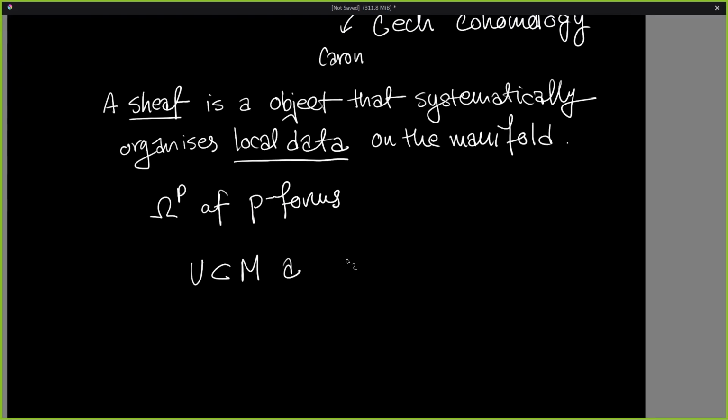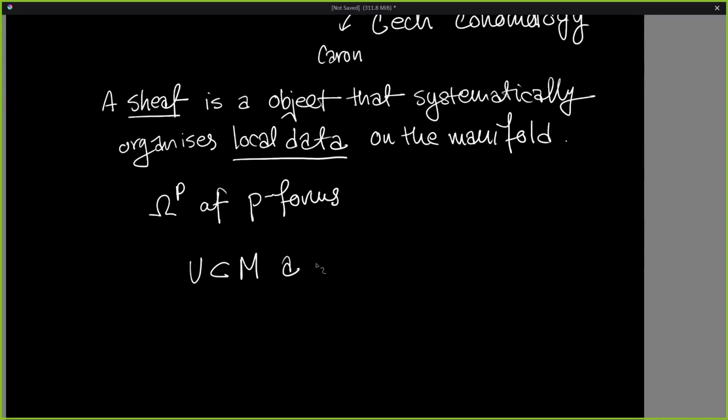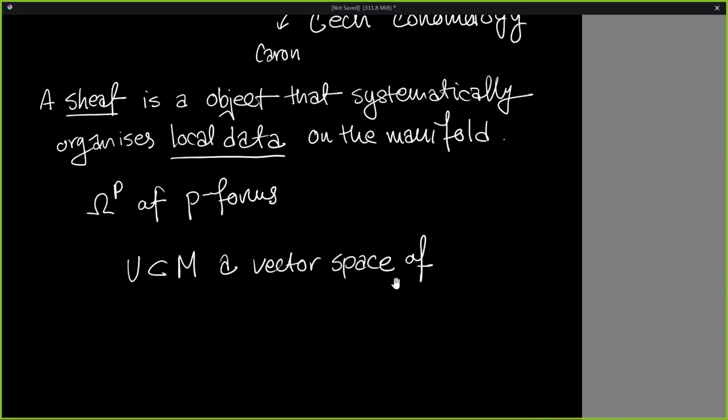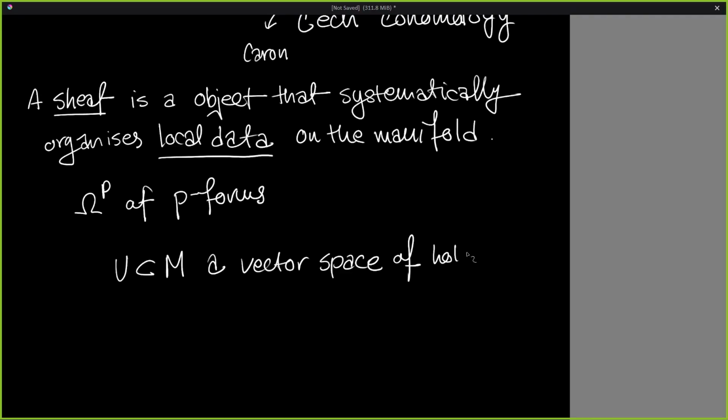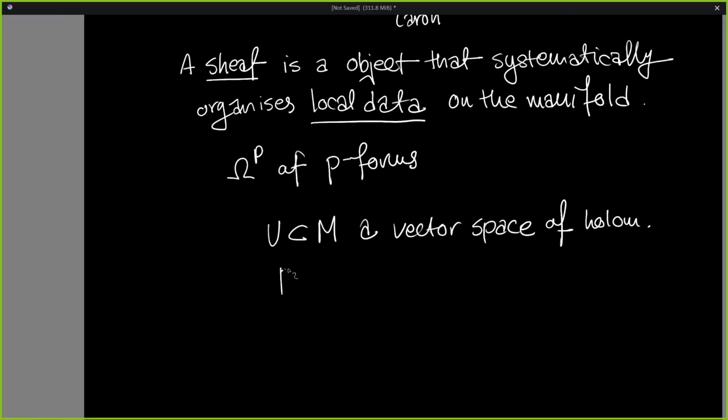Generally you wouldn't need a manifold here, but if we have a manifold structure, you could think of a manifold as a set of points, and then if you have U subset of M, the vector space of holomorphic p forms.